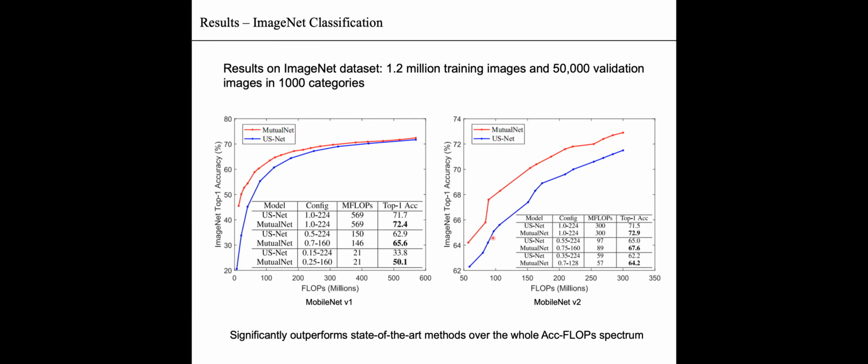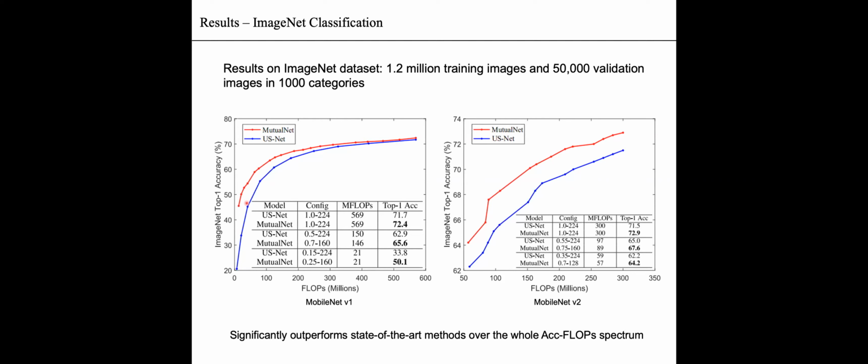We ran experiments first on ImageNet classification. The ImageNet dataset is a large-scale dataset for image classification. We compare our MutualNet with the slimmable network, which only considers the network width as the trade-off factor. As you can see here, under a very low computation budget the improvement is significant, over 10%.